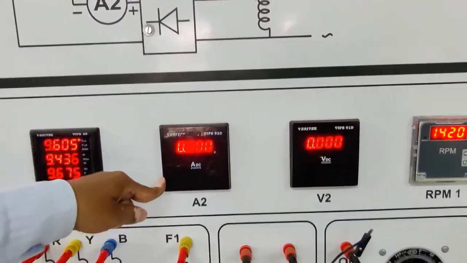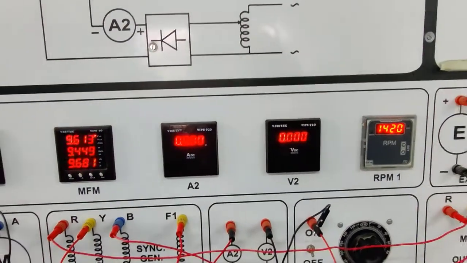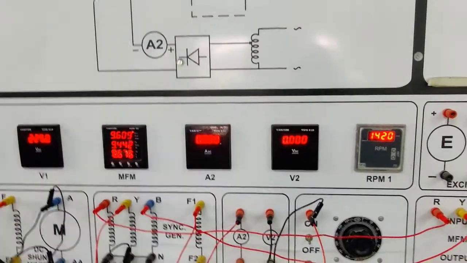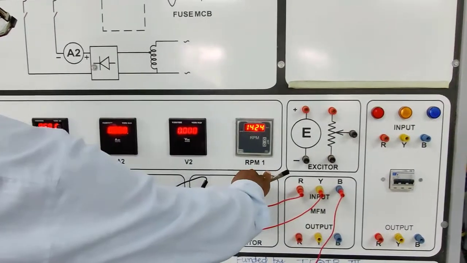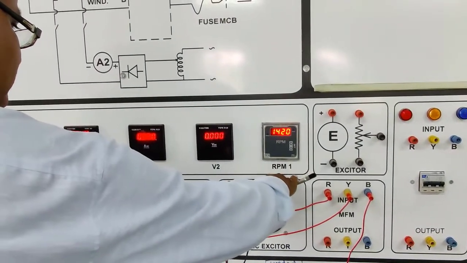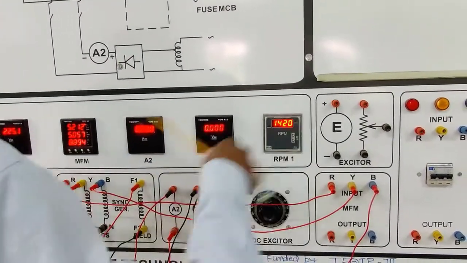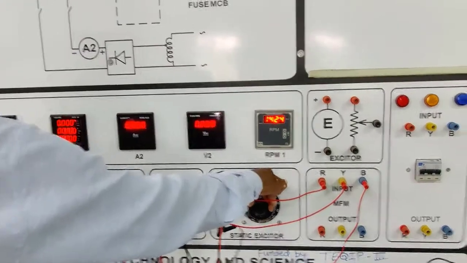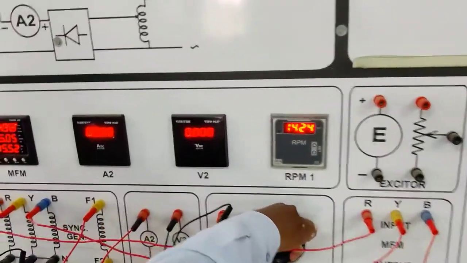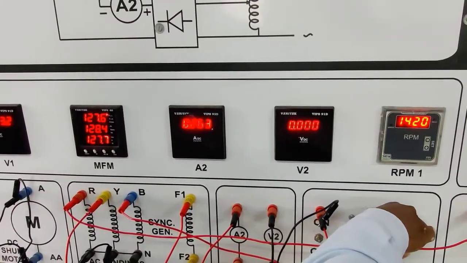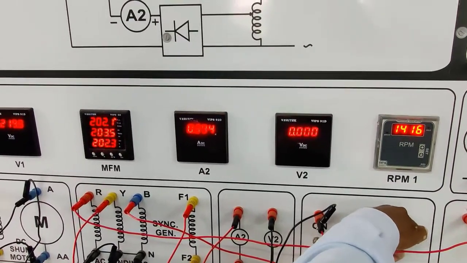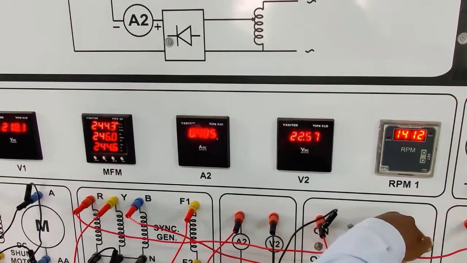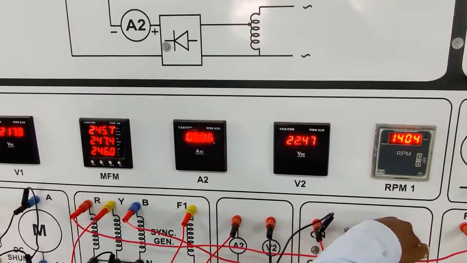And now for getting the OCC characteristics, we switch on and gradually increase the excitation. See that excitation is increased. Yes, voltage increasing.